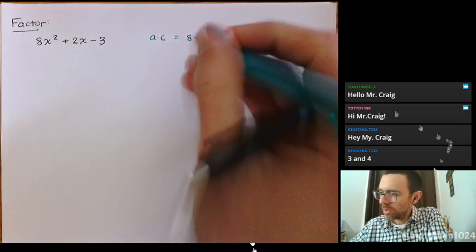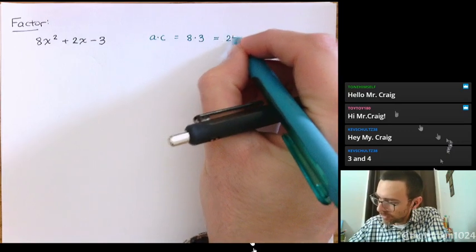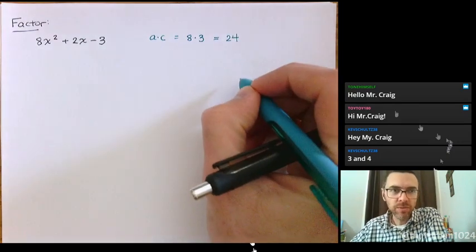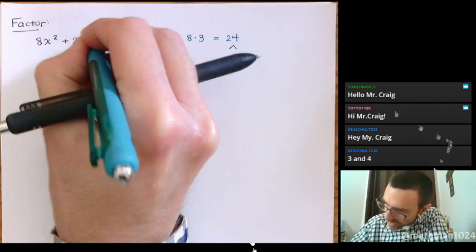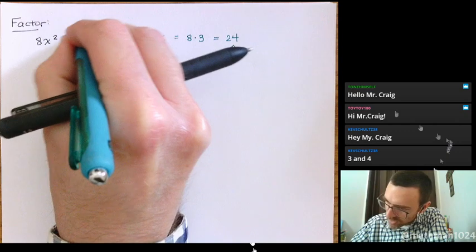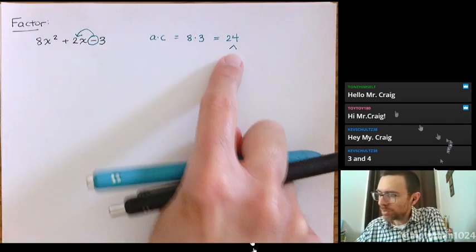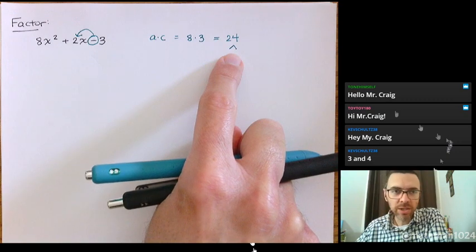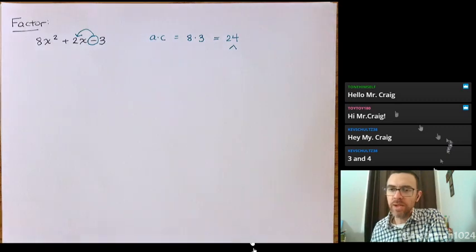Now, with the 8 and the 3, the product here is going to give us 24. And then with that 24, we want to find factors of 24 that have a difference of 2. We're not looking at 3. We're looking at the product of A and C. So we're looking at the product of 24, finding factors that will subtract to 2.